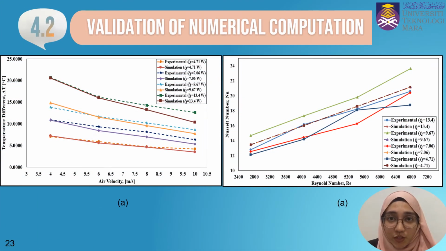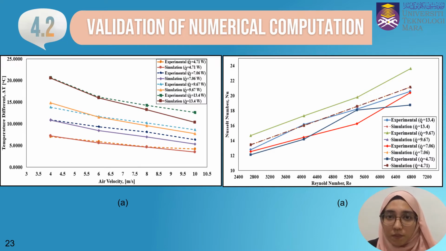These 2 graphs show the comparison of simulation result and experimental data by R.C. Adhikari et al. So, figure A shows the result comparison between the air velocity and temperature difference at different convective heat transfer. Then, figure B shows the comparison between the Reynolds number and Nusselt number at different convective heat transfer.